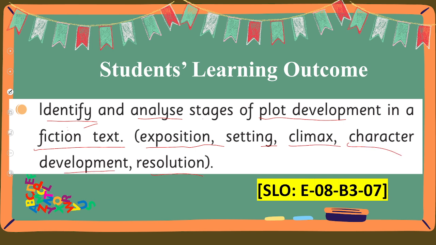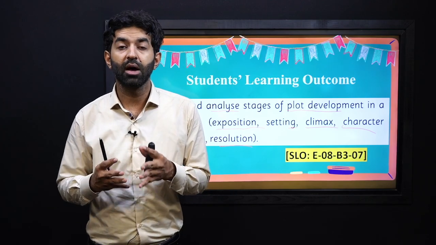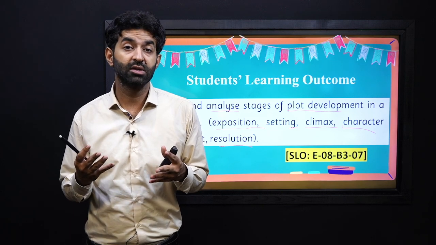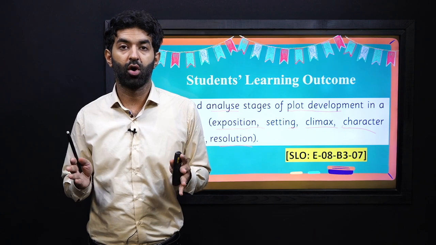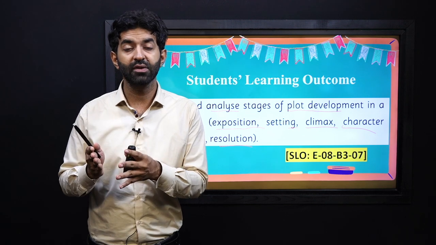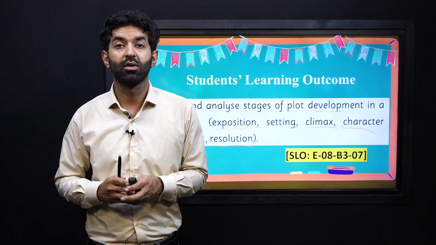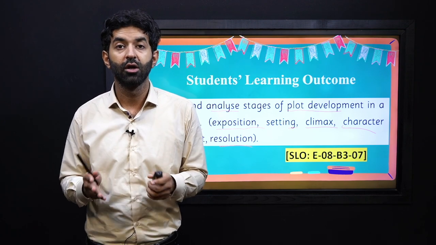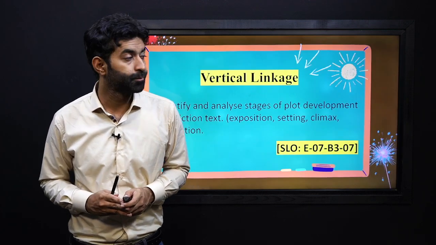Now, here in the learning outcome, your story elements are mixed up with the stages of plot, but we will only talk about the stages of plot. They are the beginning, exposition, rising action, climax, falling action, and then the resolution or denouement. So we will specifically talk about the stages of plot.